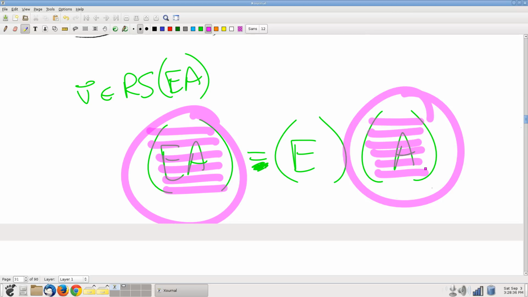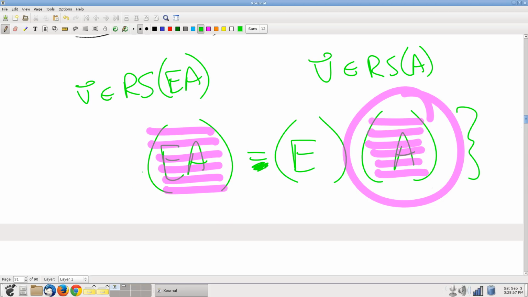And as we have previously discussed, a linear combination of linear combinations is a linear combination. And that means that V must be a linear combination of these rows, and therefore it must be in the row space of A.